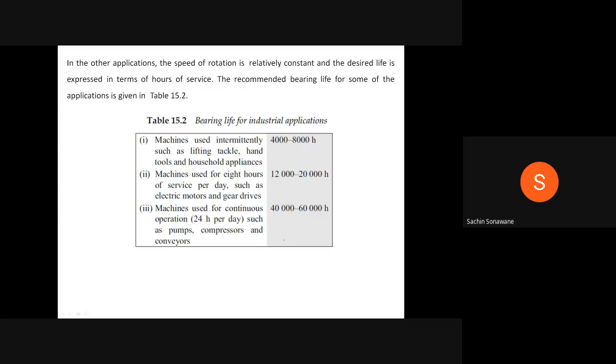In the other applications, the speed of rotation is relatively constant and the desired life is expressed in terms of hours of service. The recommended bearing life for some of the applications is given in table 15.2. Therefore, table 15.2 bearing life for industrial applications.